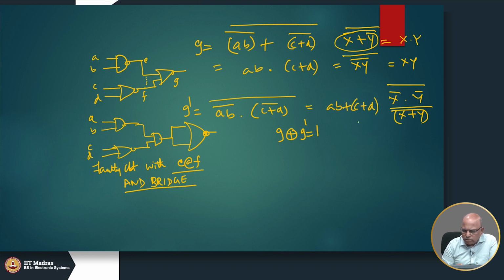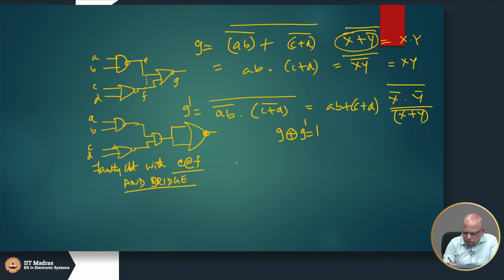Once again, AB whole bar plus C plus D whole bar: I have written AB whole bar as x bar, C plus D whole bar as y bar, and this inversion is written here. So x bar plus y bar whole bar is x dot y. So this is x and this is y, and the same thing is true here.